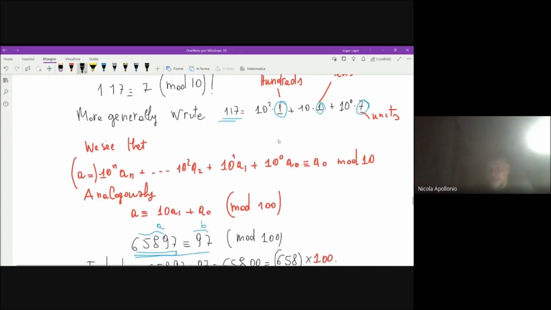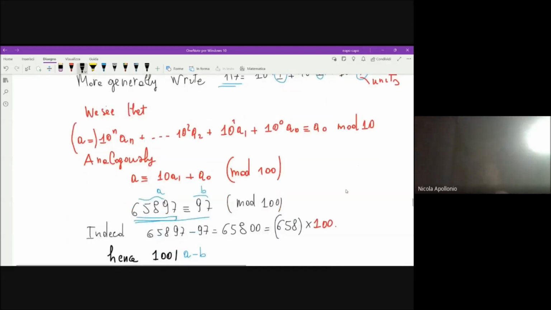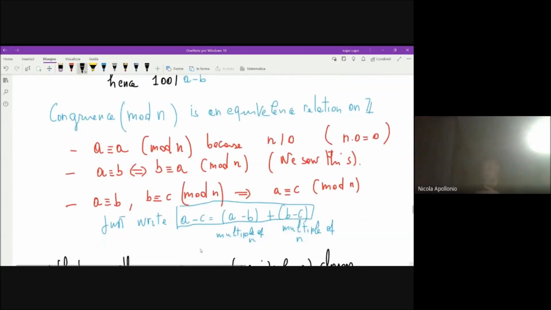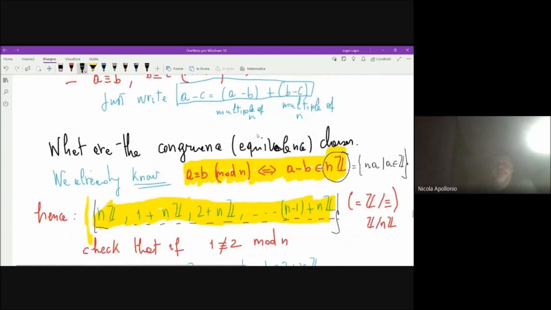In general, congruence modulo n is the property that the difference of congruent numbers is a multiple of n. Good. We saw that this is not a trivial relation, it's a very strong relation, it's indeed an equivalence relation. We proved it very easily because the conditions are easily checked.